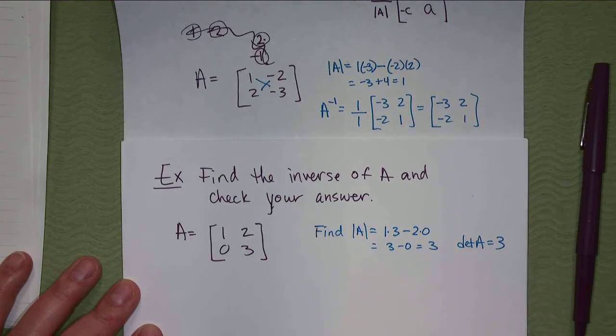Right? And then you write your inverse. So remember it's D, A, minus B, minus C. Switch the place and just change the sign.